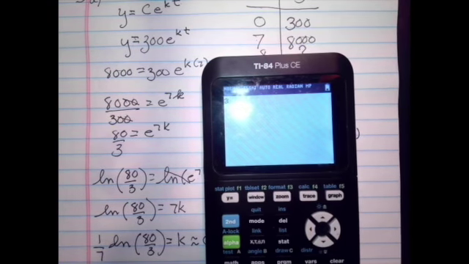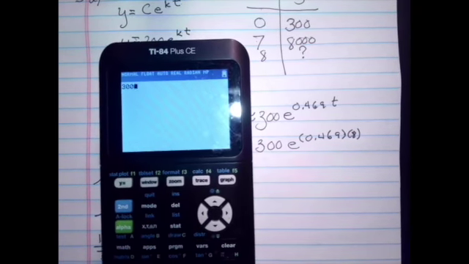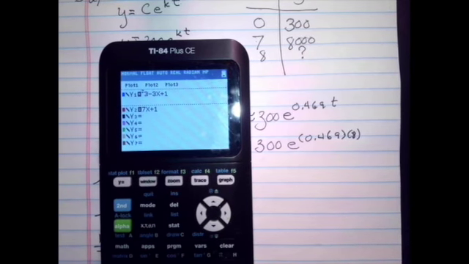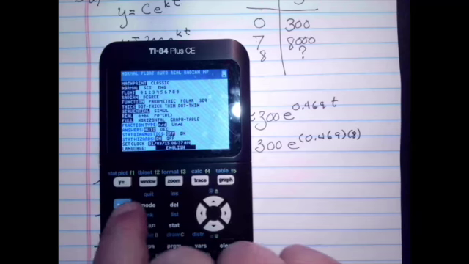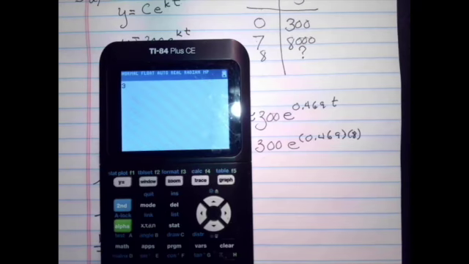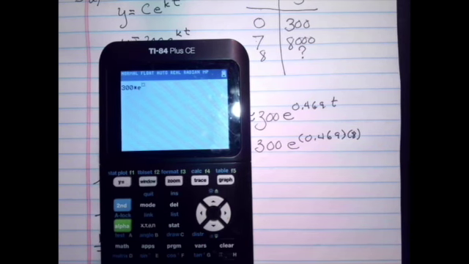So we need 300 times e to the 0.469 times 8.